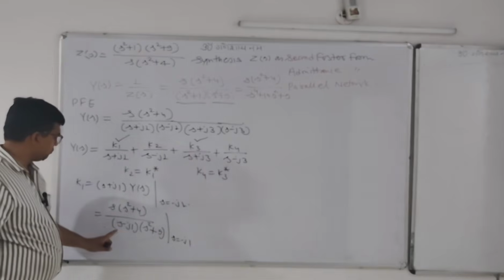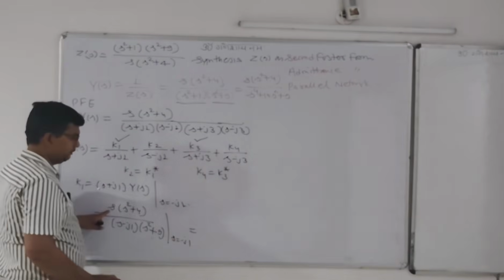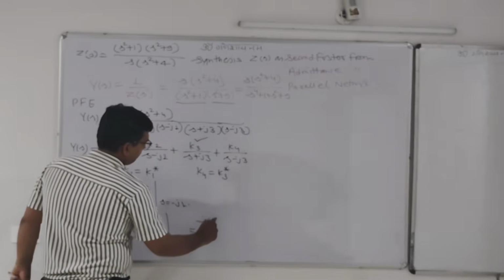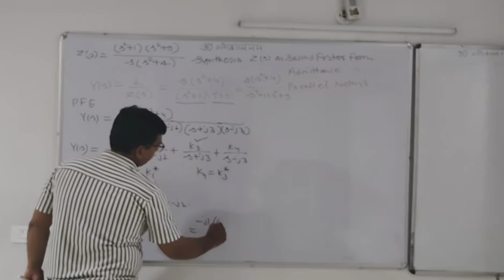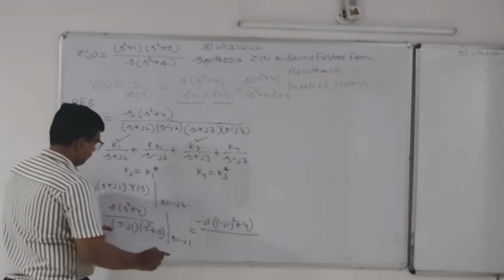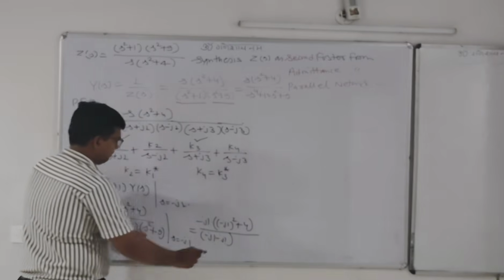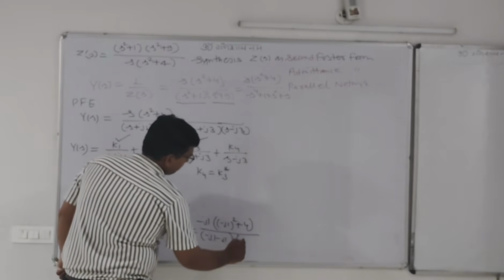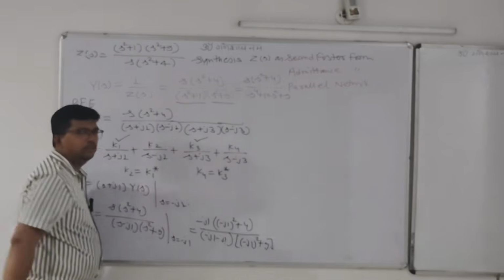Now I put s equals minus j1. The numerator becomes minus j1 into ((minus j1) square plus 4), and the denominator is minus j2 into ((minus j1) square plus 9).